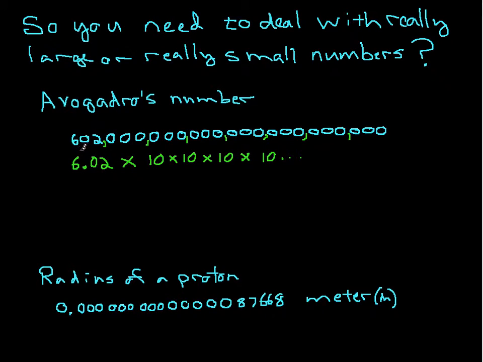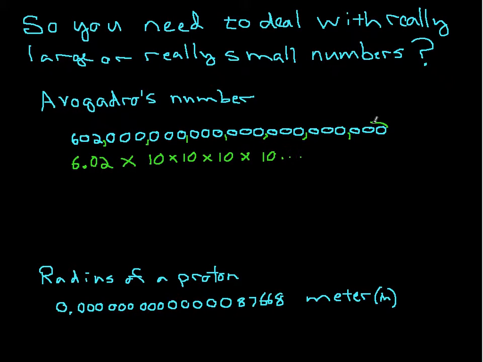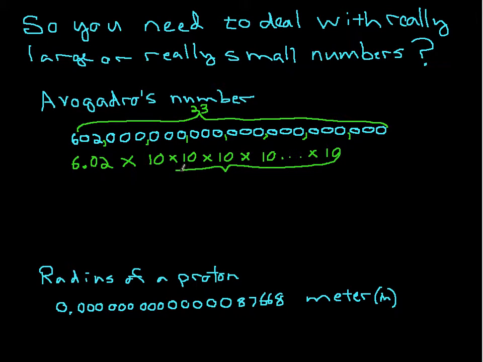If we think about the decimal point being right here after the 6, how many decimal places do we end up moving it? We end up moving it 23. So I would be multiplying by 10 twenty-three times.